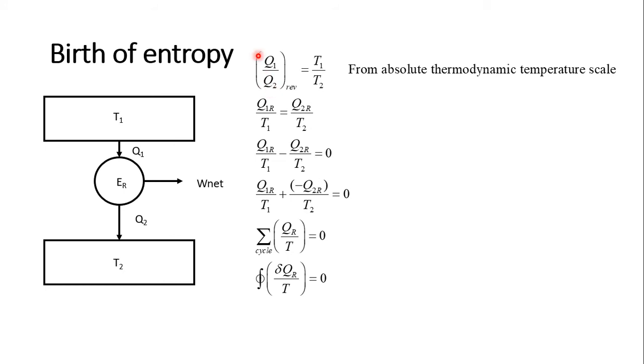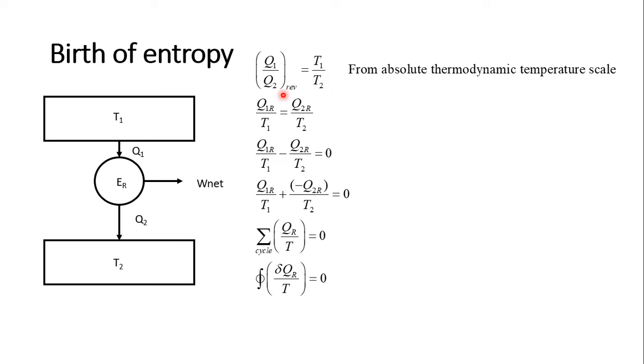Q1 upon Q2 for a reversible engine, meaning a Carnot engine, is equal to T1 upon T2. This we have already studied. Now these T1 and T2 values will be in Kelvin.